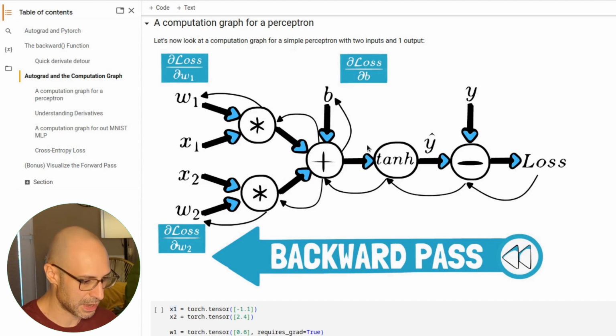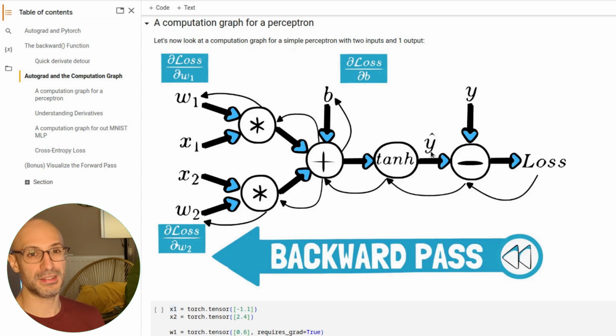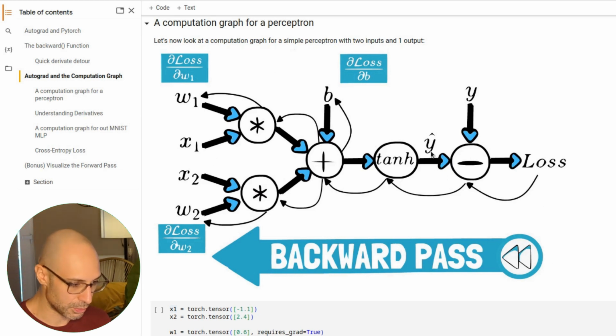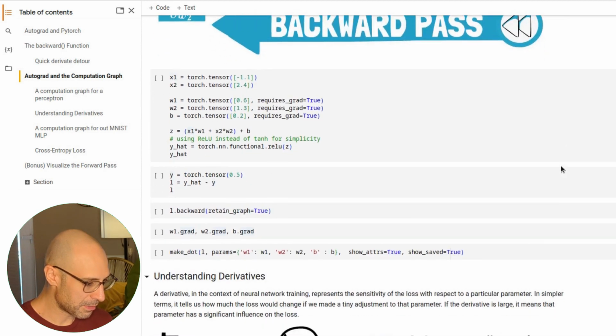Then we have an activation function producing y hat, which we can say is the prediction that our perceptron is making based on the two inputs. And then we've got y, which is what we are actually expecting the output to be, so the true value when x1 and x2 have certain values. So we do a simple loss function by calculating the difference between y hat and y, and that gives us the loss. So let's implement this.